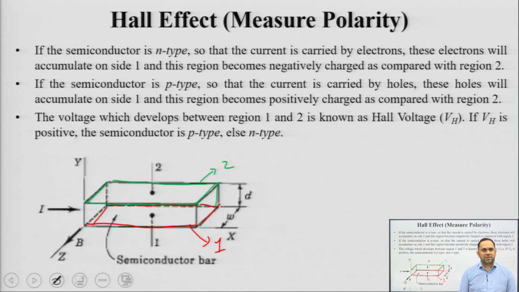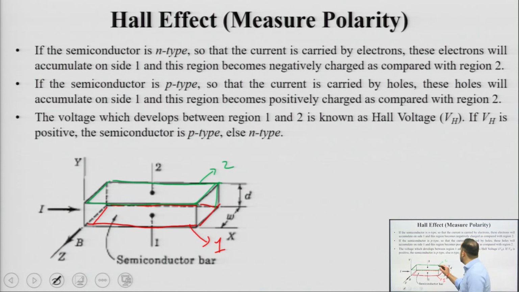Contrary to this, if your semiconductor was p type, region 1 will have more accumulation of holes as compared to region 2. So, holes moving from left to right will get pulled downwards towards region 1. A simple polarity test will tell you that region 1 is more positive as compared to region 2. What this shows is that in this kind of arrangement, if region 1 is more positive, it is a p type semiconductor. The voltage which develops is measured across region 1 and 2.